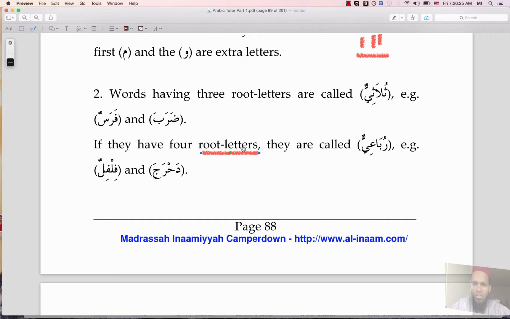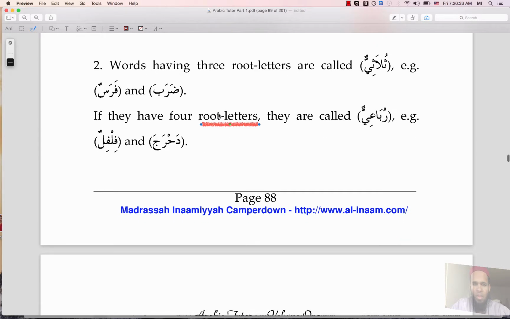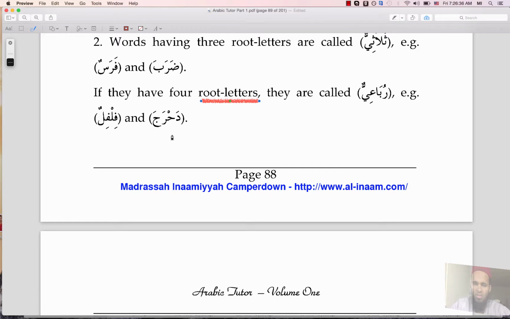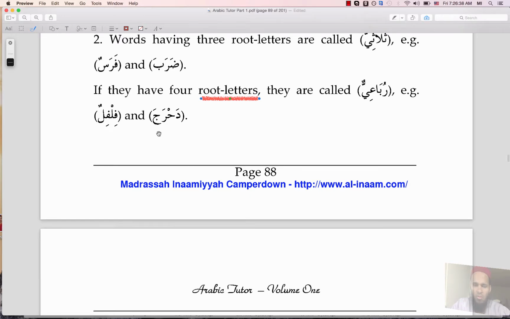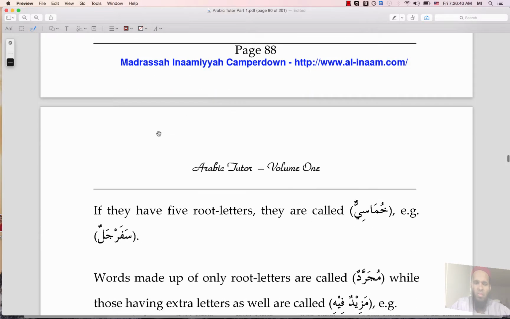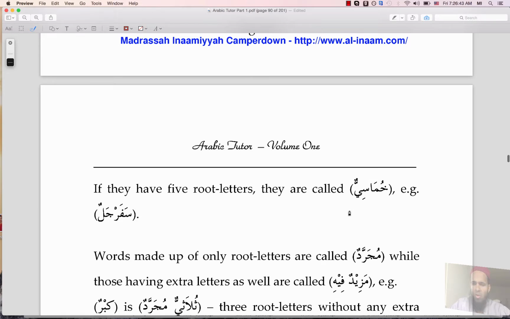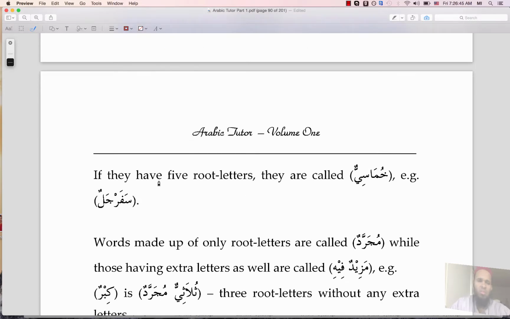Thulathi is for 3 root letters, and ruba'i for 4 root letters. Examples are filfilun, dahraja. We have done dahraja in easy etymology. So that's a 4-letter ruba'i. If they have 5 root letters, they are called khumasi. Example, safarjala.